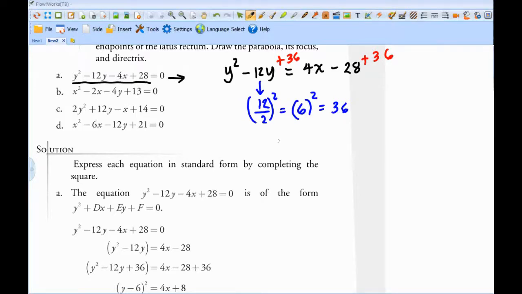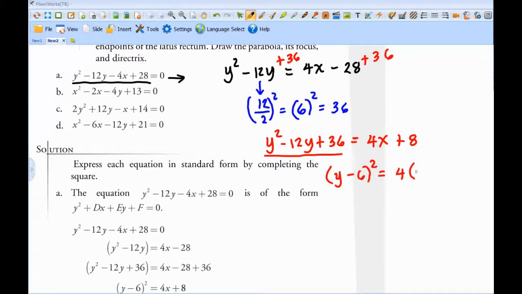So therefore, we have y squared minus 12y plus 36 is equal to 4x. Negative 28 plus 36 will give you what? 8, right? So plus 8. Then we will factorize the perfect square trinomial. It is y minus 6 squared equals 4x plus 2.